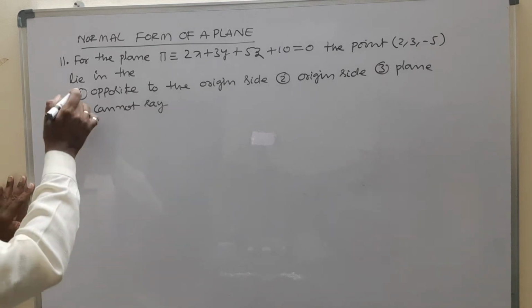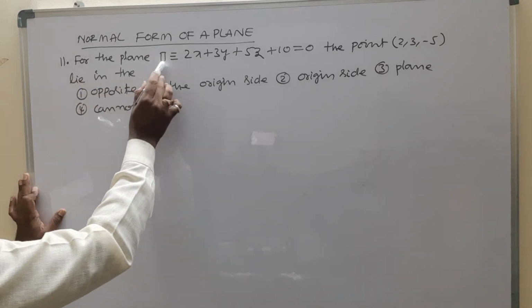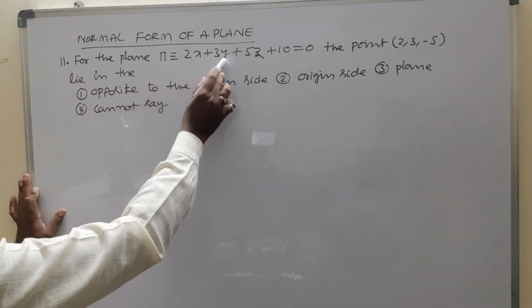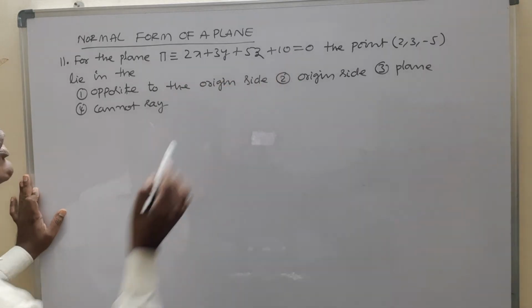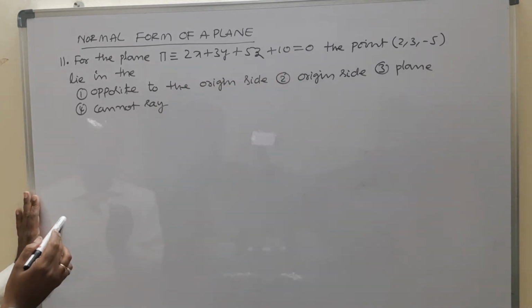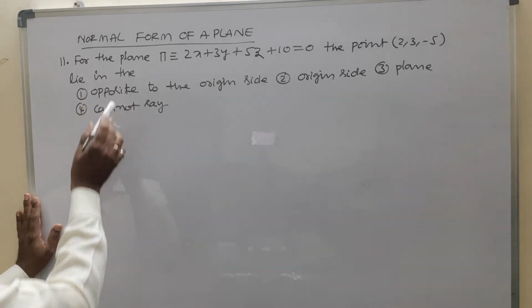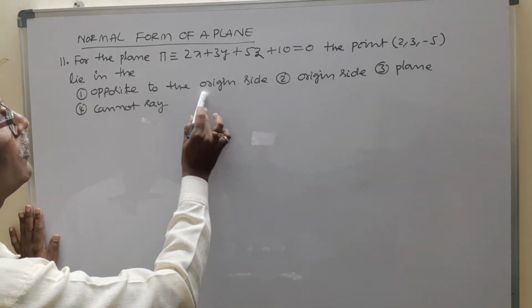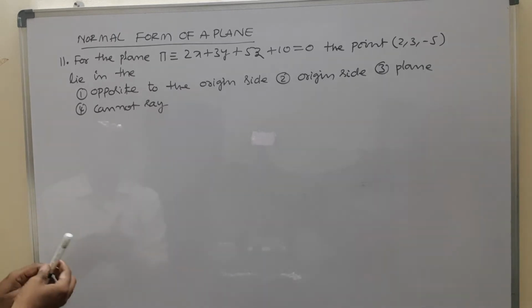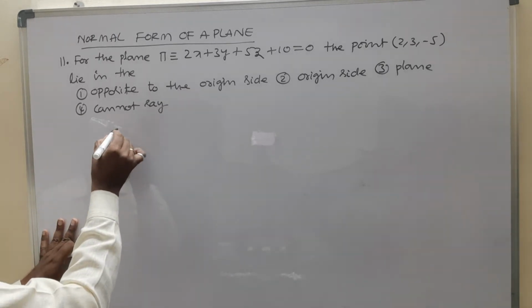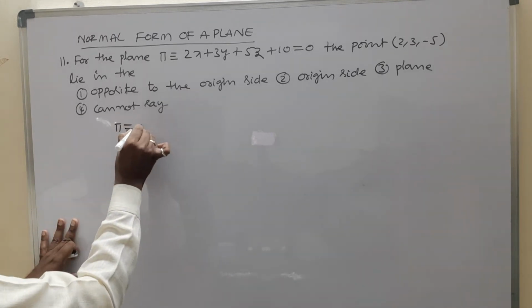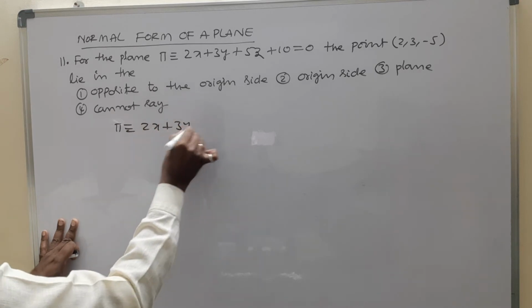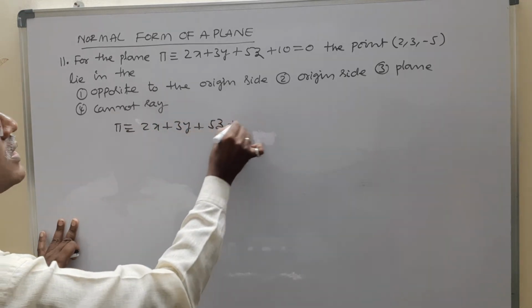Question number 11. For the plane pi identically equal to 2x plus 3y plus 5z plus 10 equal to 0, does the point (2, 3, minus 5) lie in the plane? Here the four options are given, in which the comparison is with the origin. Here the plane equation pi is identically equal to 2x plus 3y plus 5z plus 10 equal to 0.